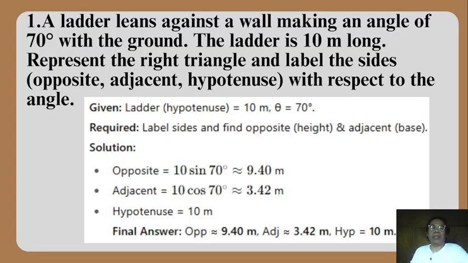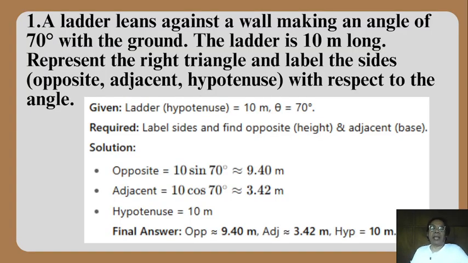So in order to find the opposite, we need to use the sine of angle 70 degrees is equal to opposite over hypotenuse. And from there, we can get the opposite to be 10 times sine 70 degrees by using cross multiplication, which is approximately equal to 9.4 meters.